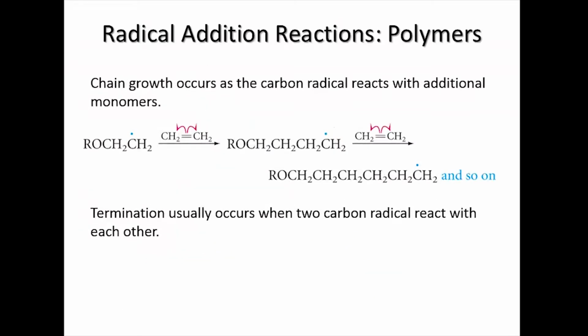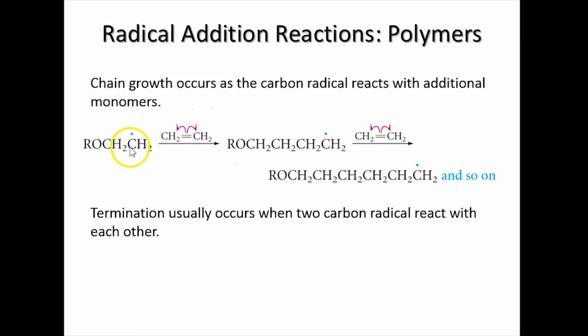So chain growth occurs, and that is the actual process of polymerization. So we've got our species with our carbon radical. That is going to react with another molecule of ethene. This will break homolytically, meaning evenly, and each electron will go to a carbon.